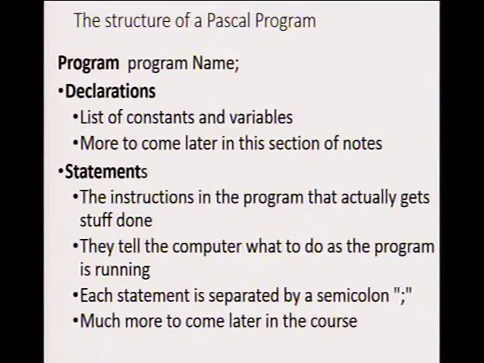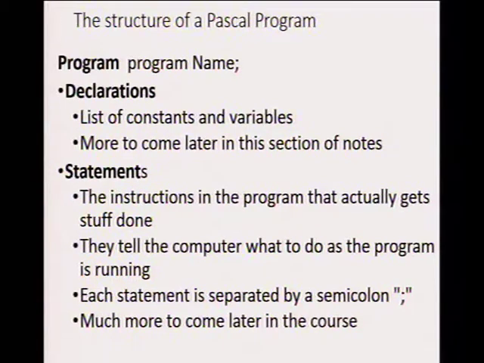Now, on the screen, what you can see is the structure of the Pascal programming language. It's like I want to build a house. This is the structure I want it to look like. So the Pascal programming language has the structure you can see on the screen. That is, you have the program, the declaration, the statement. What do I mean?